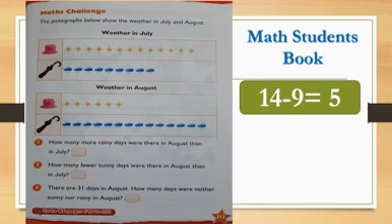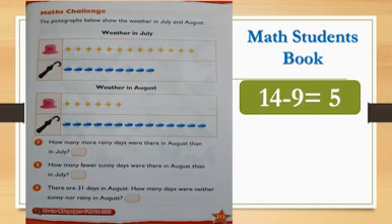Let's count all together. 1, 2, 3, 4, 5, 6, 7, 8, 9. So if we're going to solve 14 rainy days in August minus 9 rainy days in July, what's the answer? 14 minus 9. The answer is 5.